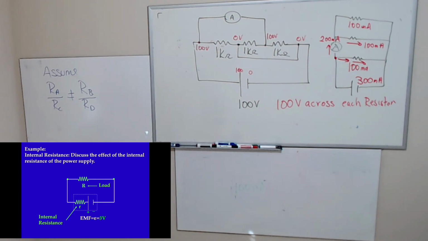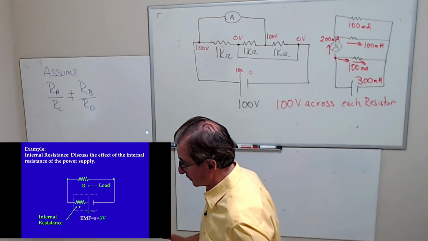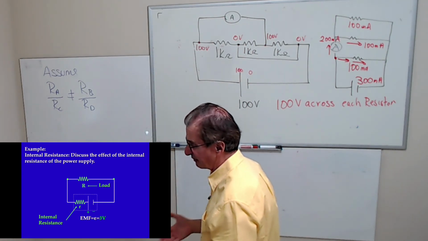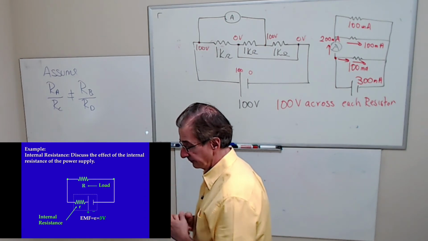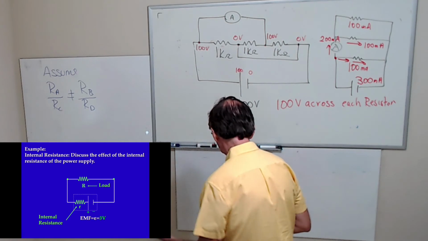In the case of a power supply, it's mechanical or electromagnetic. Typically, you want that to be small. And analyzing a circuit with an internal resistance is actually not hard, because all you have is a little resistor in series with your load.